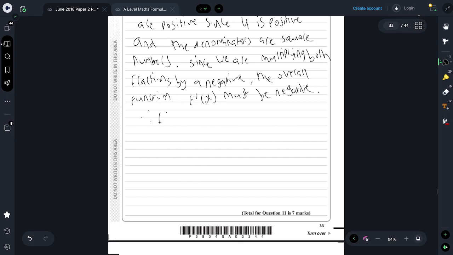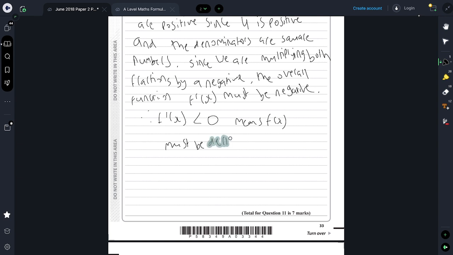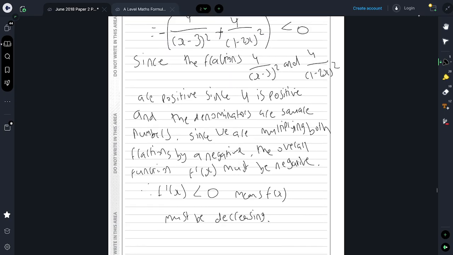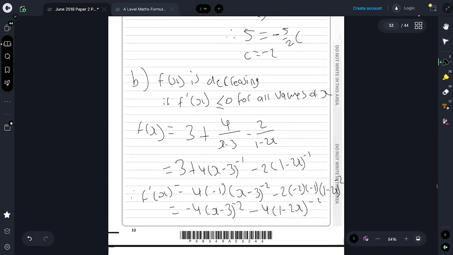So therefore f dash of x is less than 0, which means, like we said, the original function f of x must be decreasing. And that is the computational way of showing a function is decreasing.